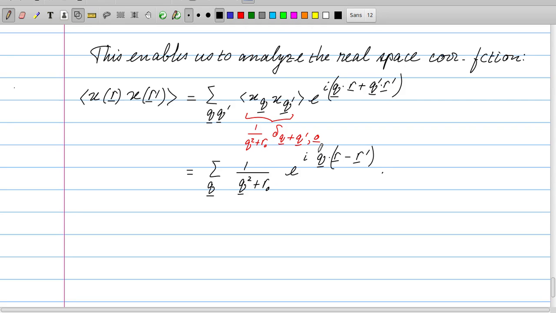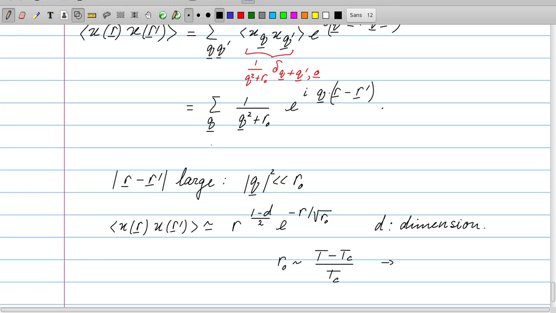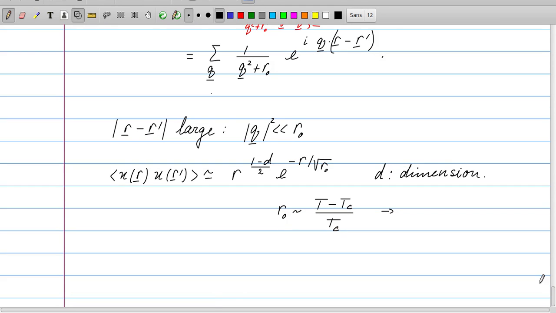Now we have encountered already this Fourier transform when we were looking into the Landau-Ginzburg theory, especially when we were considering the correlation function for that. And we know therefore from that analysis that the correlation function has the following form. That is, we know the correlation function for large separations. For that case, we can make the approximation that q squared is much smaller than the r0, and an asymptotic solution is then formulated as follows.